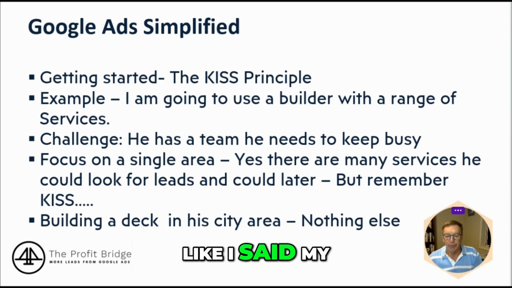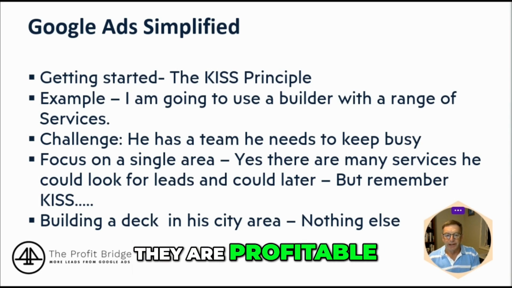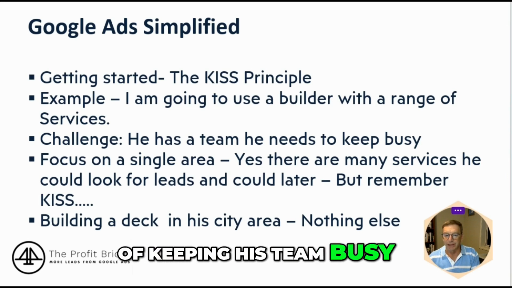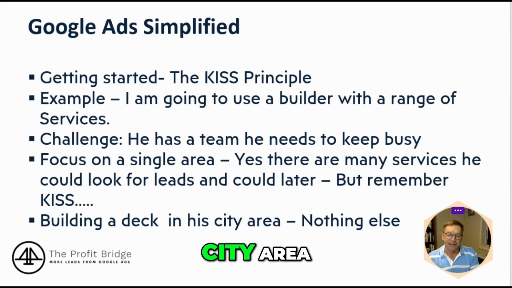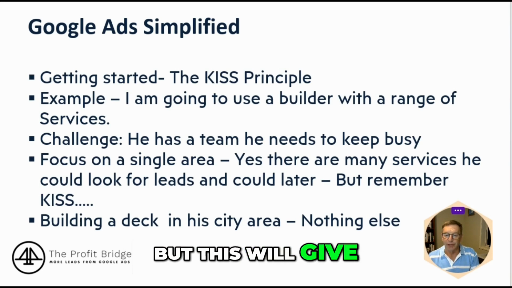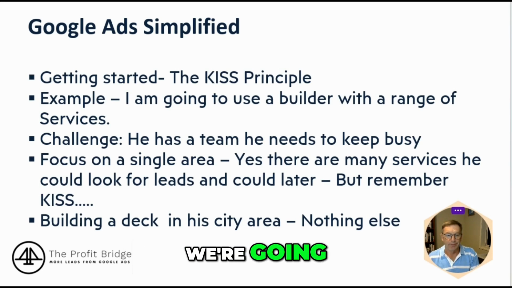Like I said, my builder friend tells me that decks are relatively easy to turn around. They are profitable, they are fast, and it's a good way of keeping his team busy. And it's only in a city area. We'll break this down a little bit later, but this will give you an idea where we're going.